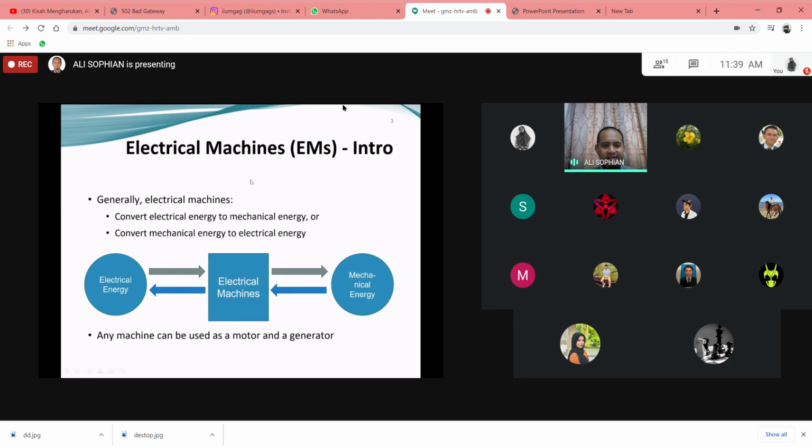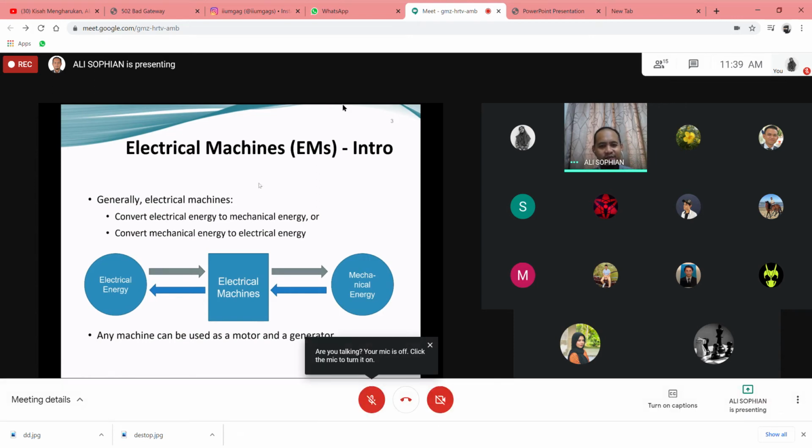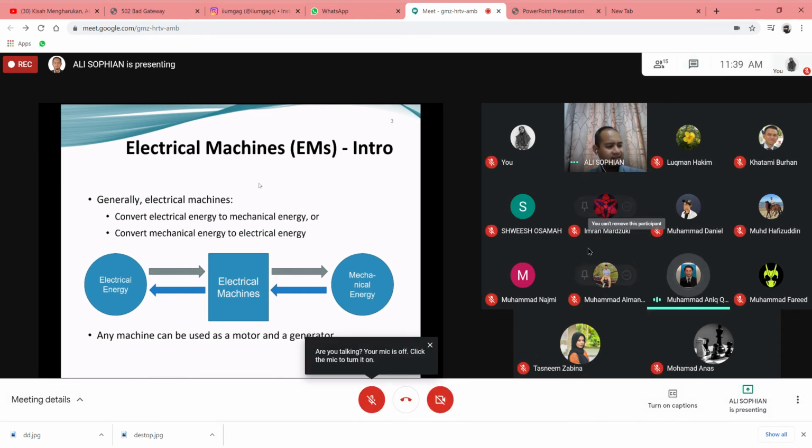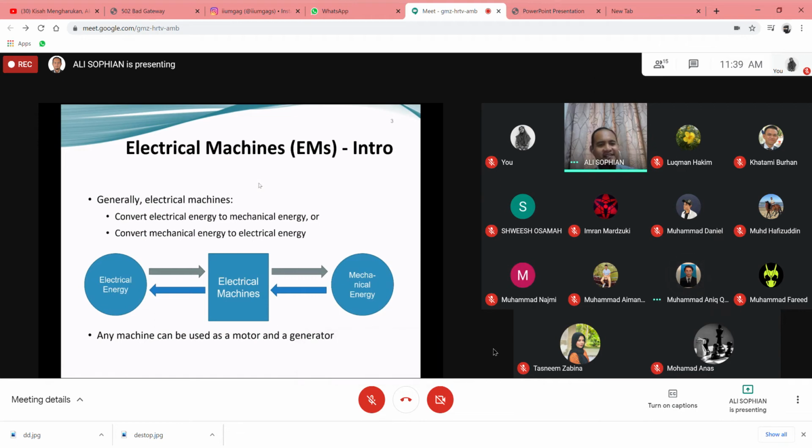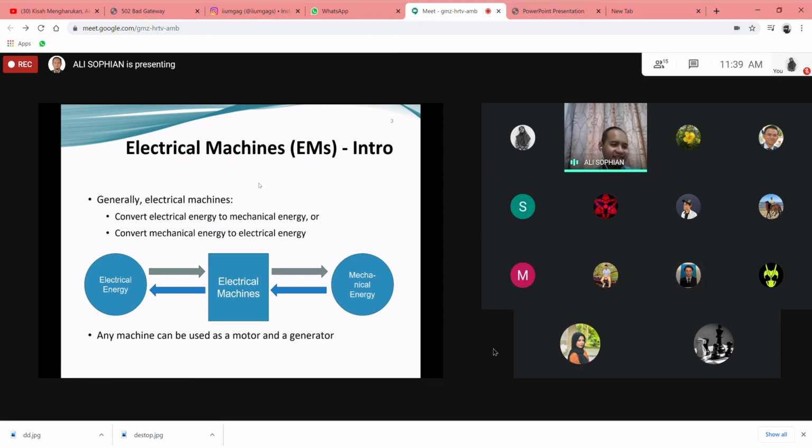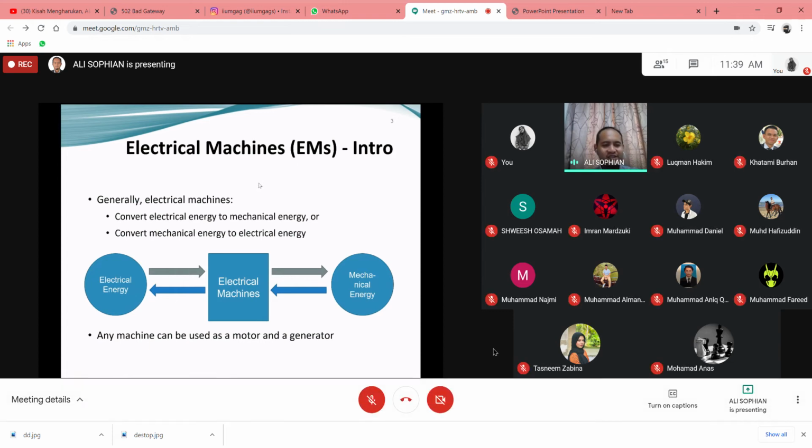The other type is transformers. How about transformers? What is the input? What energy is the input? Electrical. And the output? Electrical as well. So why do we want to use transformers if the output and input are of the same type of energy?